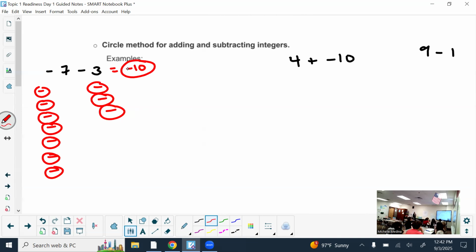And that's what you can do for any integer problem. Look at what's in front of each term. If there's nothing in front of the term, what is it assumed to be? So this is a +4. I'm going to do 4 positive bubbles. And then what's the sign in front of this one? It's a negative, so I need to do 10 negative bubbles.